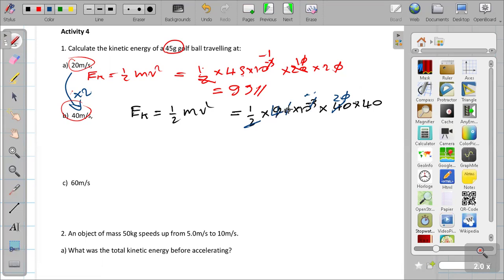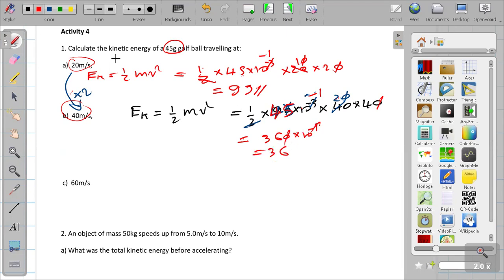Sorry, 45. It is going to be 90. This 0 is already gone. 90 times 4, 360, by 10 to the power minus 1.